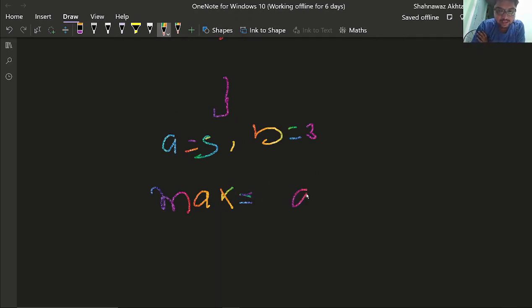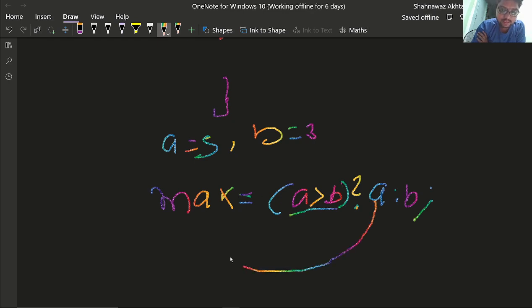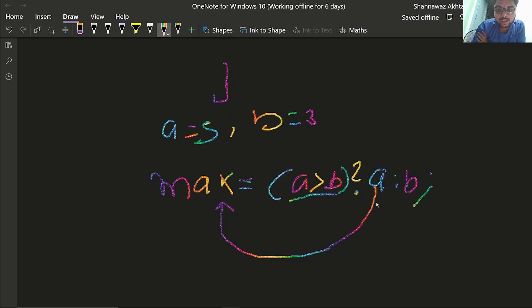Suppose in the expression C, the way to write it is this and this and this and this. It means what? See, if A is greater than B, then I have to assign max as A.